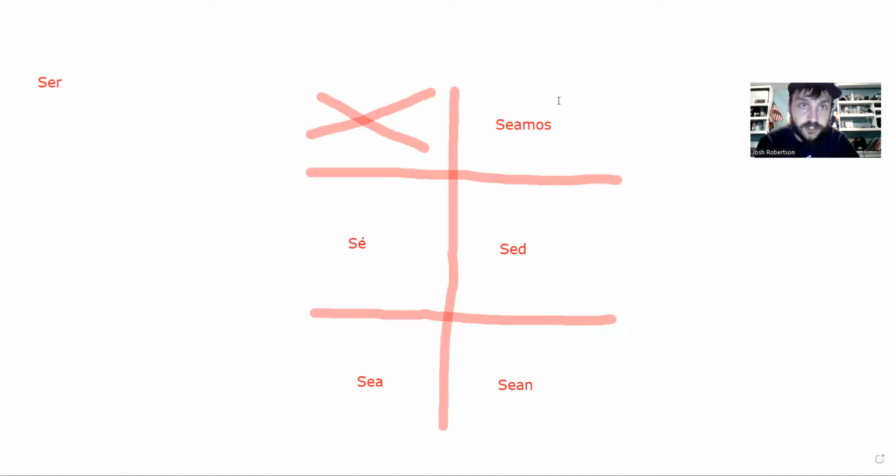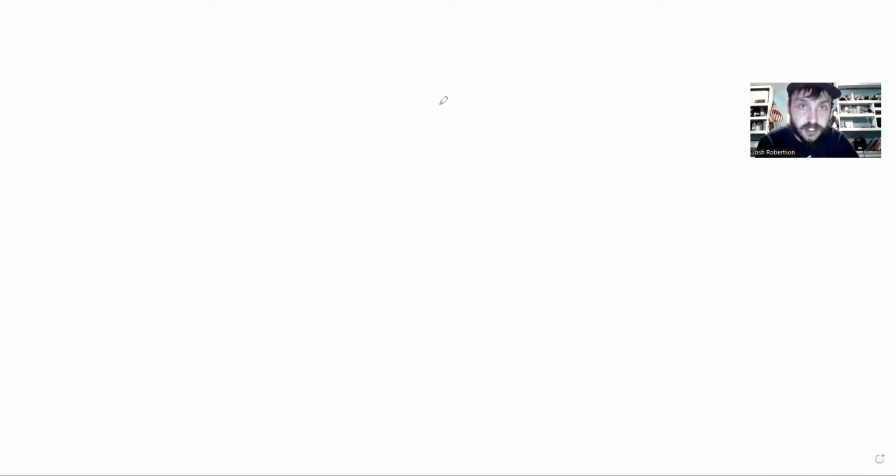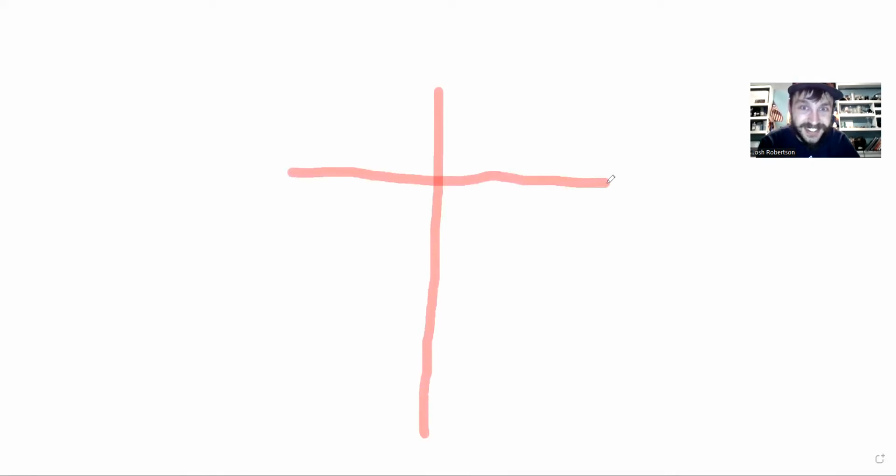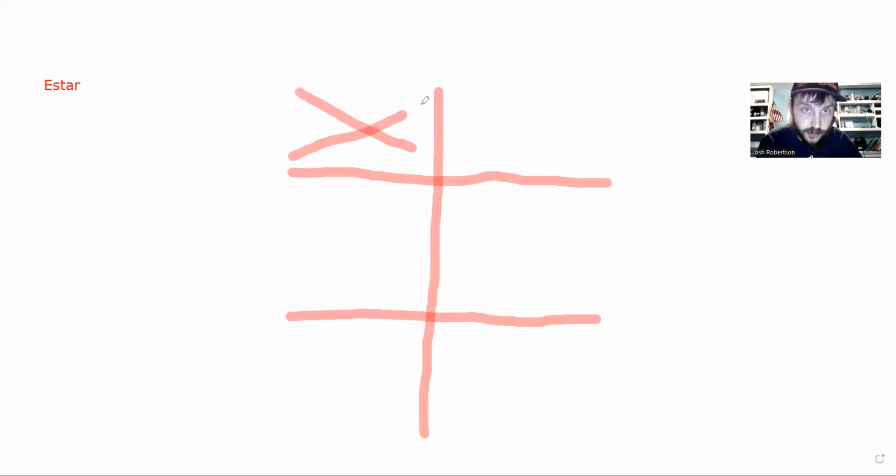Now, we're going to try the verb estar. And again, there is no conjugation in the yo form.